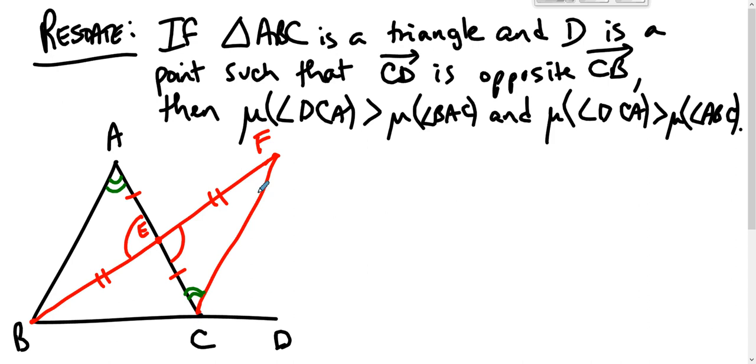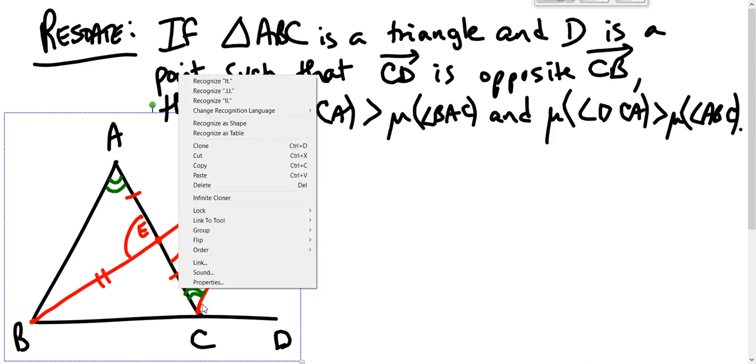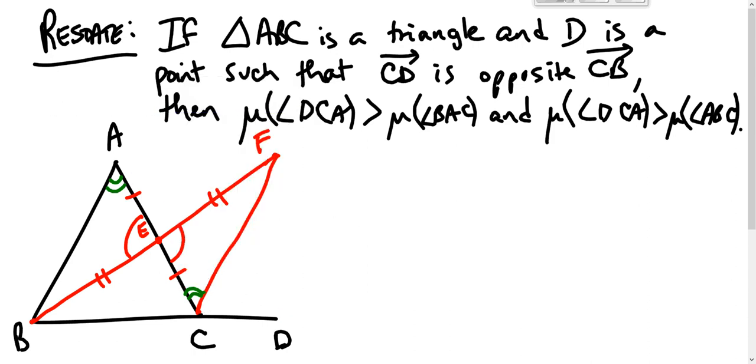And notice ray CF is between ray CA and ray CD, right? Because F and D are on the same side of line AC, and D and B are on opposite sides of AC. And A and F are on the same side of CD, because A and E are on the same side of CD, and E and F are on the same side of CD.